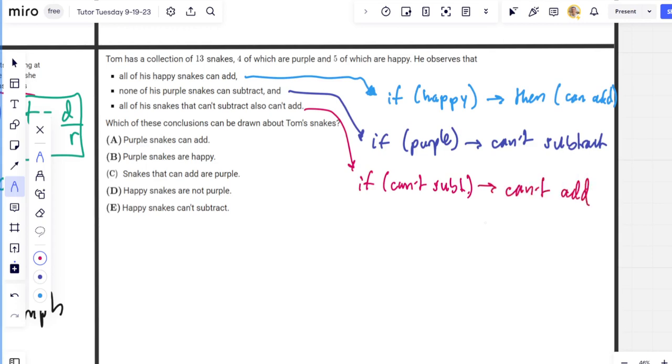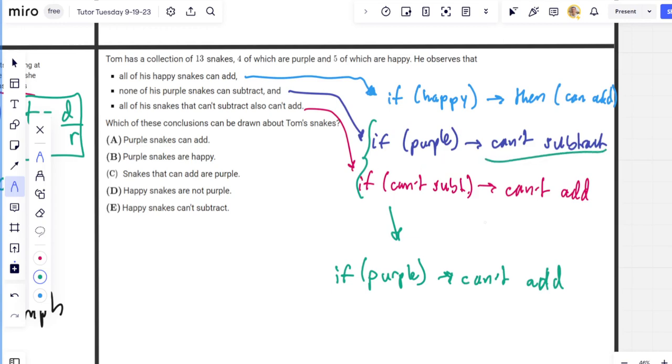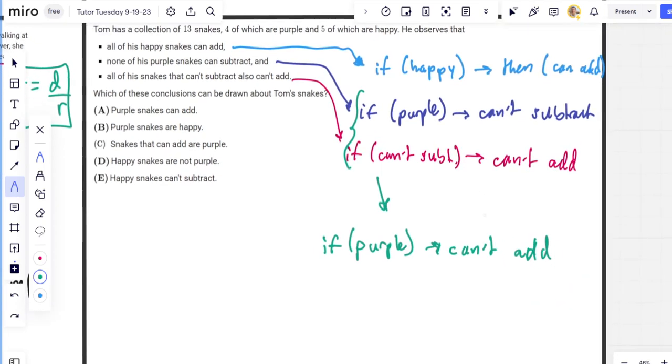And actually from those last two we can draw another conclusion by combining these statements, which is that if you're a purple snake, then you can't add. If you're purple, you can't subtract, but also if you can't subtract, then you can't add. So if you're a purple snake, you can't add. It just logically follows. Purple snakes can add?